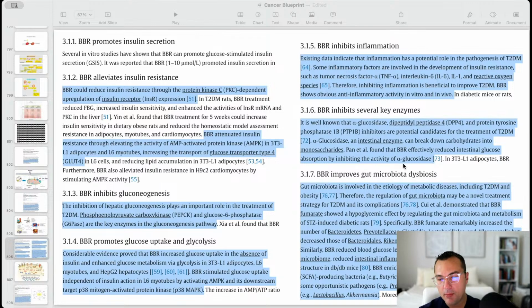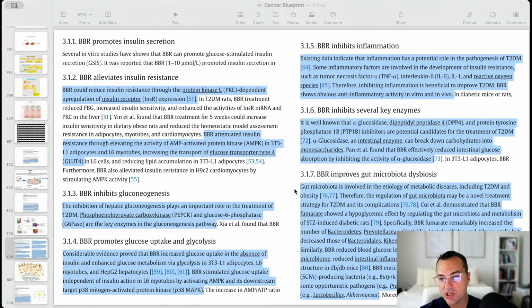I'm going to make the point that I've been making with berberine in particular after I talk about the next mechanism of action. Berberine improves gut microbiota dysbiosis. Gut microbiota, or bacteria, is involved in the etiology, or the cause or progression, of metabolic diseases, including diabetes and obesity.